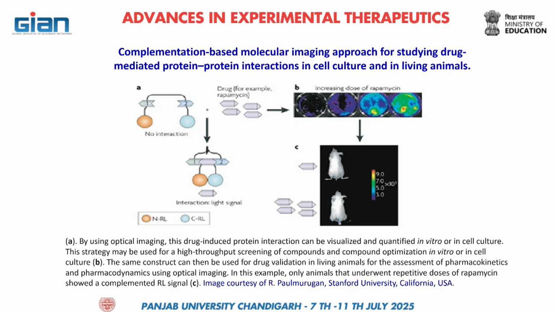When mouse studies are done, you inject green fluorescent protein, GFP, to tag for the optical imaging part, and then from there you can also see the distribution of your drug inside, where it went. If it didn't go, you can simply take the images of that.